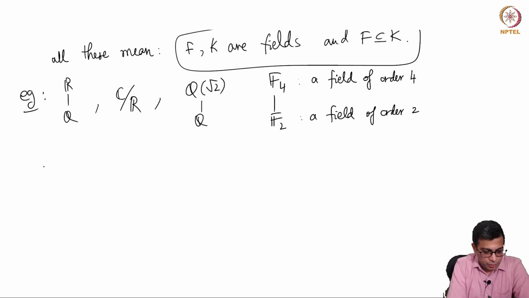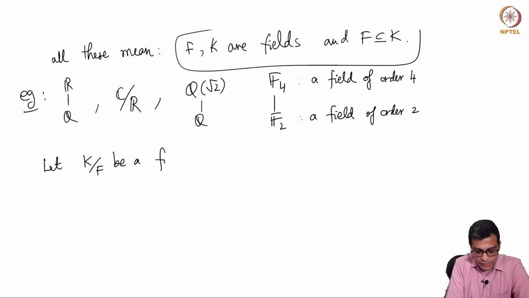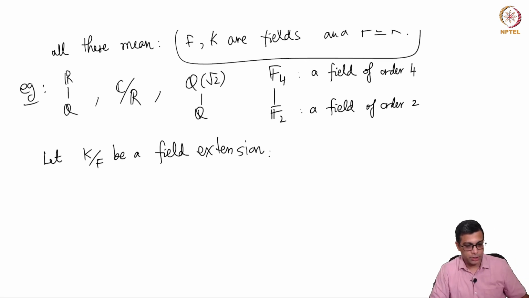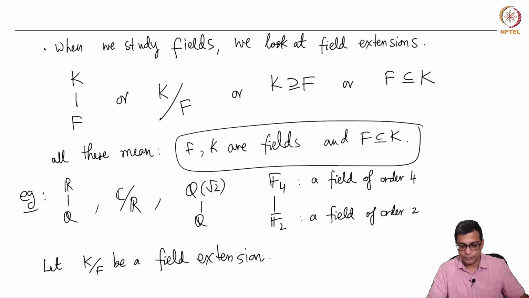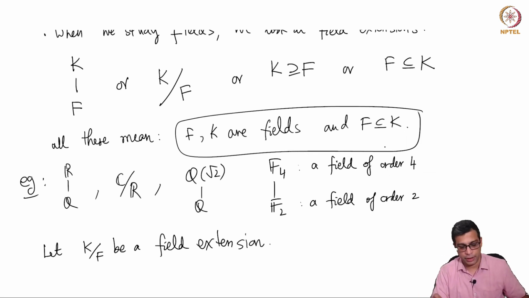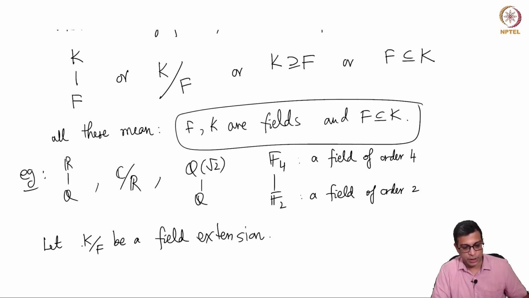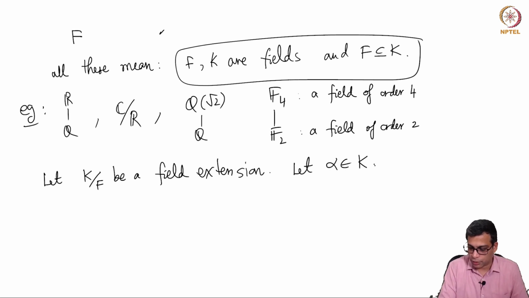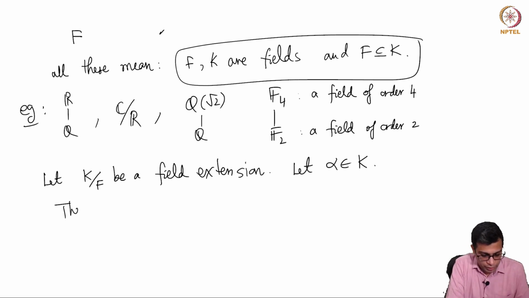Let K over F be a field extension, by which I mean, as I indicated here, K and F are fields and F is contained in K. The one at the bottom is the smaller one, the one above is the bigger one. And let alpha be an element of the bigger field. Then we define two important things.